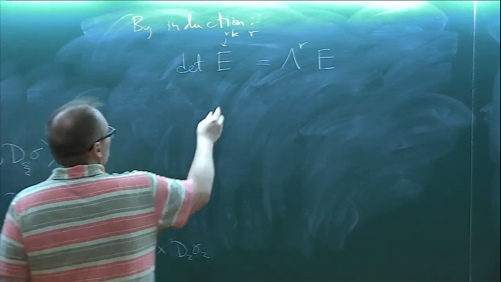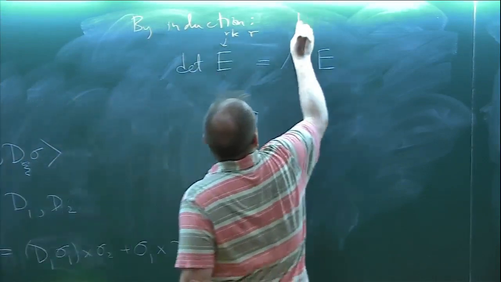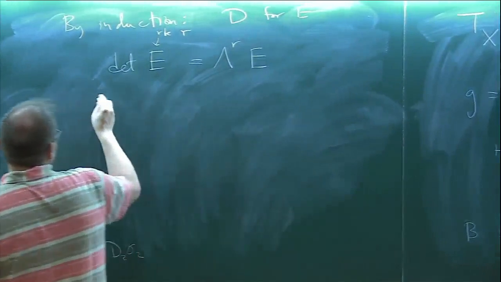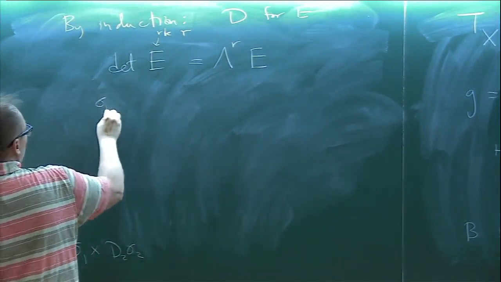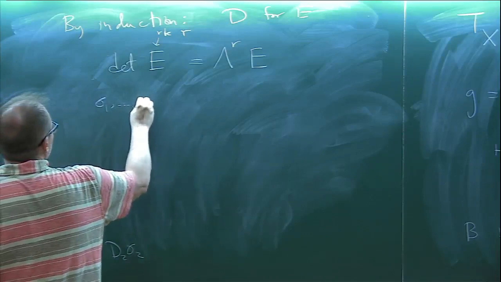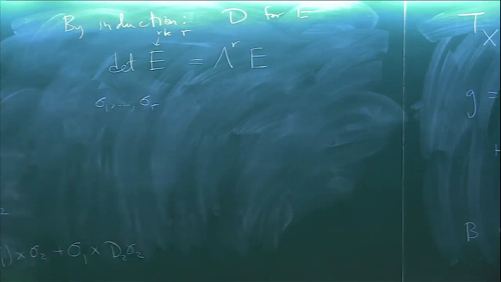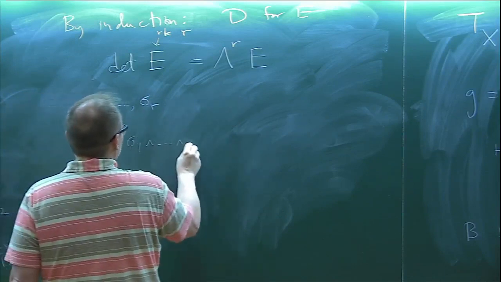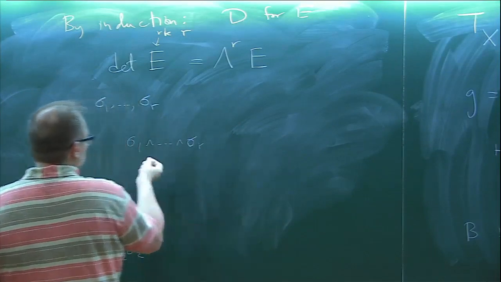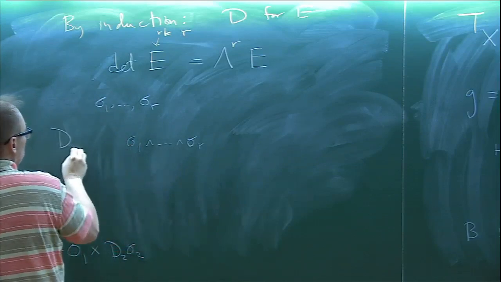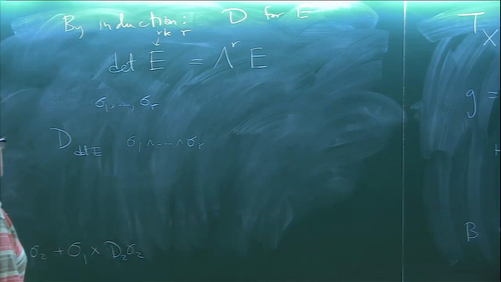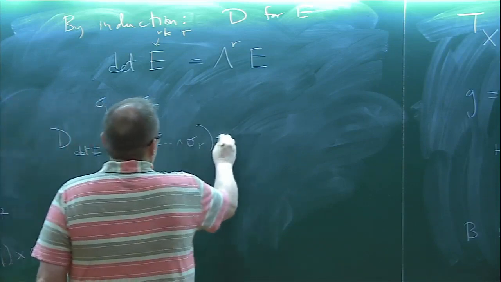And so if you've got a connection D for E, and you take, say, sigma 1 up to sigma R sections of E, then take their wedge product, you get sigma 1 wedge sigma R, and so D of the determinant of E connection, what's that going to equal?